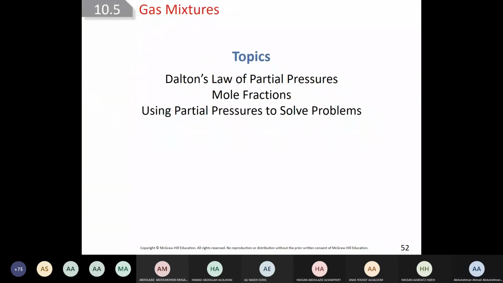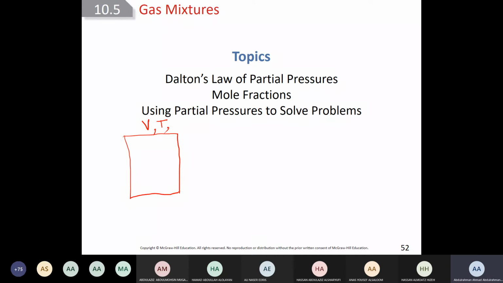Dalton law. Next, Dalton law. Let's assume I have a box. The volume of this box is V, only V, and the temperature is T. Of course, I have another one with the same volume and temperature.